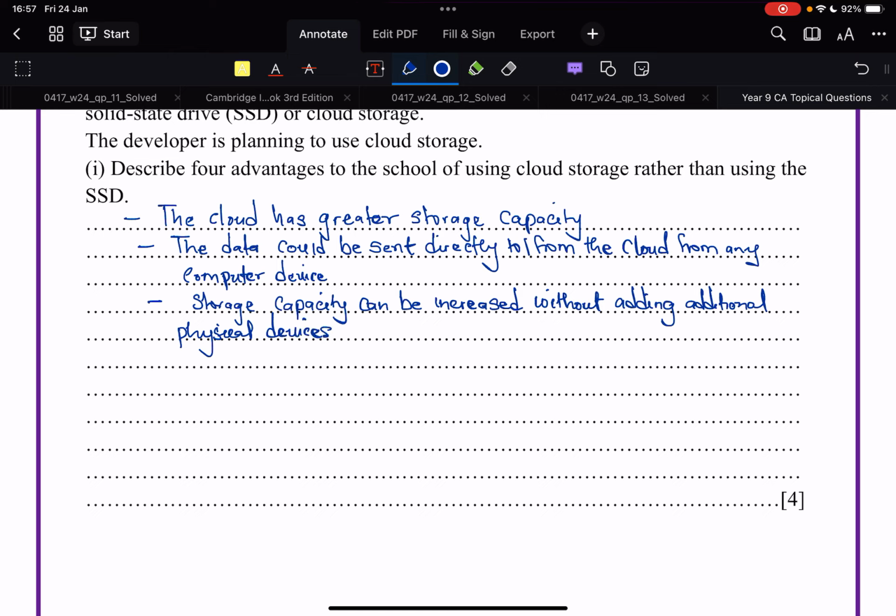And this is why it has a greater storage capacity. Not just that, but we can increase it without adding any physical device. All we have to do is go there and we increase, and this will make it a whole lot easier. So that is one of the key things as an advantage of choosing the cloud storage over the SSD.